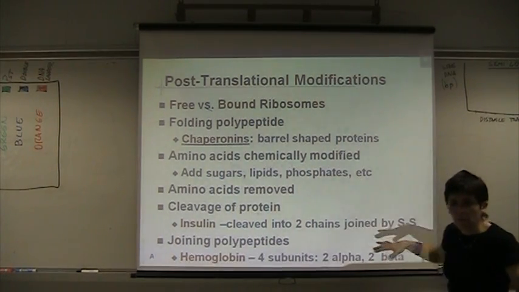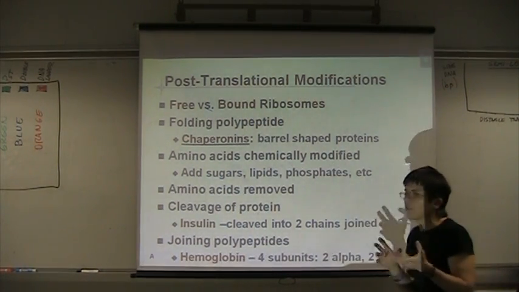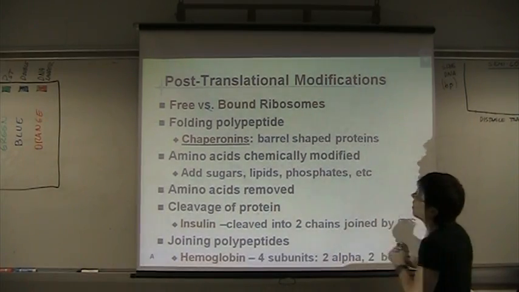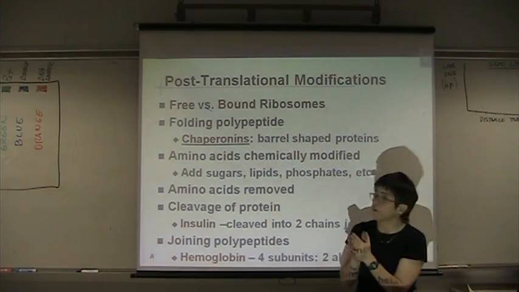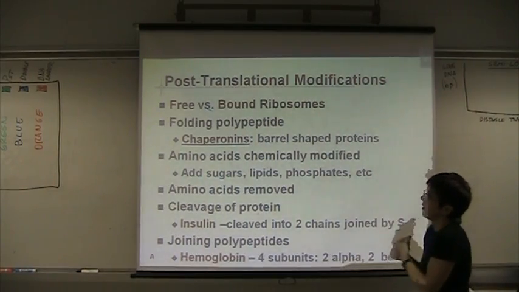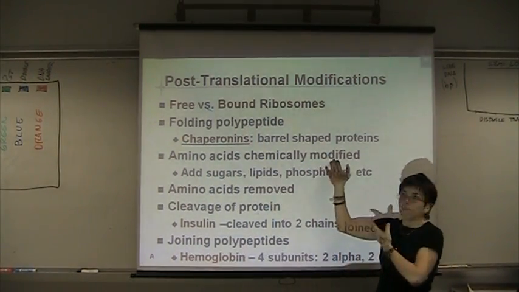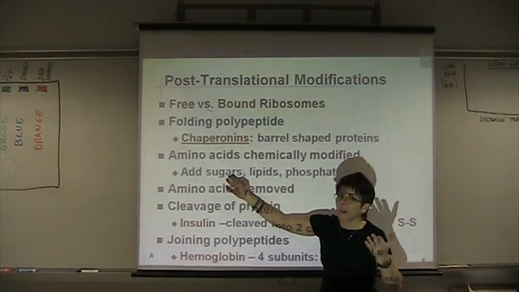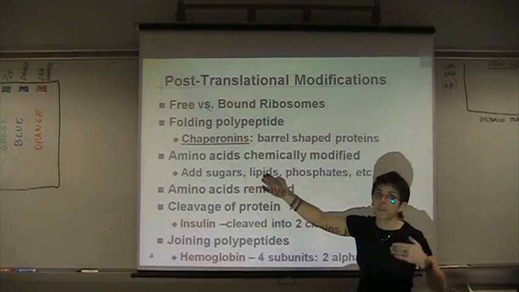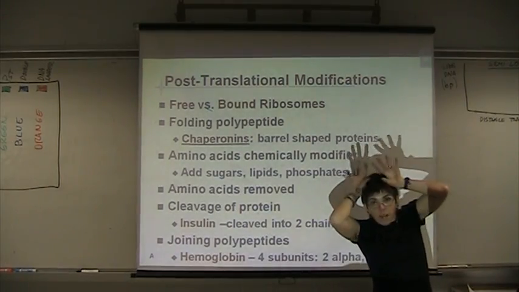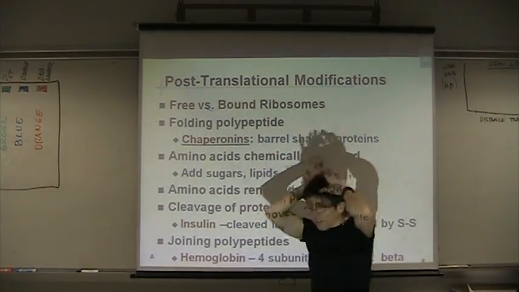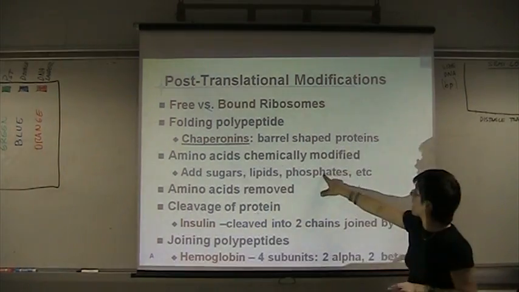Here is just a very quick list of a few of the possible modifications that can happen to the proteins after they are made. So amino acids chemically modified, you can add sugars to make a glycoprotein, lipids to make a lipoprotein. Phosphate, remember what happens when you add a phosphate, they become very unstable and reactive.